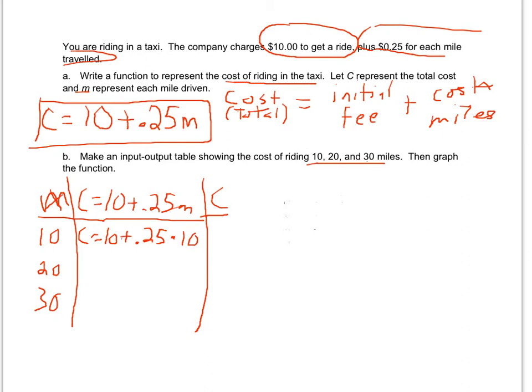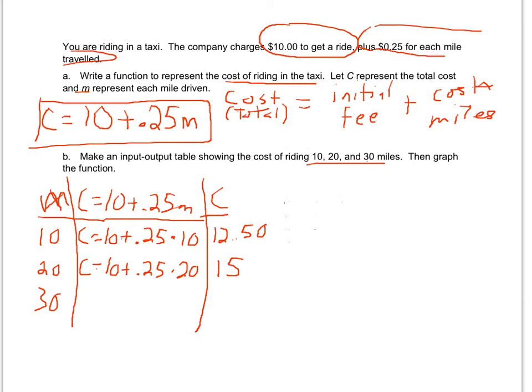We need to figure out the multiplication first. 0.25 times 10 is $2.50, plus my 10 gives me $12.50 here. Then we plug in the next one. C equals 10 plus 0.25 times 20. 0.25 times 20 is $5, plus my 10 is 15.